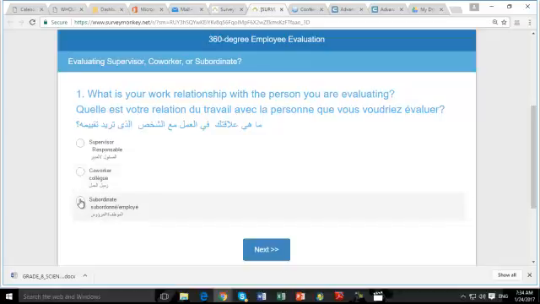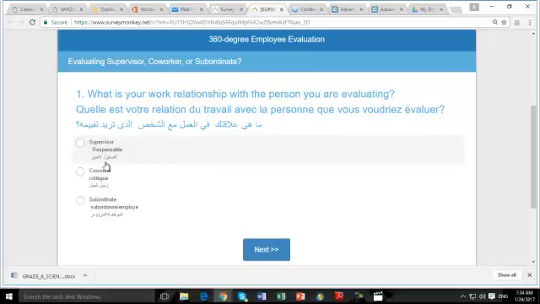If you choose James to be your subordinate, it will take you to a survey that evaluates James as your subordinate or your assistant or somebody who works below you. So this first page, the first question, is very important because it directs you to where the survey of that type is found.